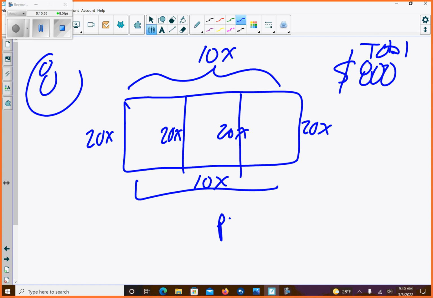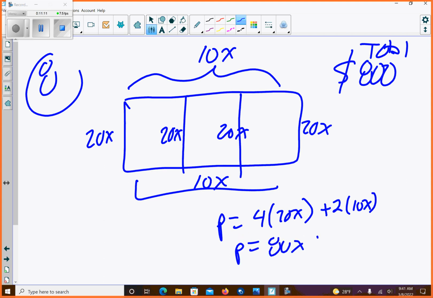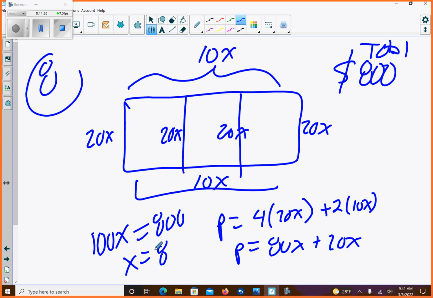So right now I know that my perimeter would be 4 times 20x, and my outside dimensions be 2 times 10x because I have top and bottom. So that's going to give me 80x plus 20x. And I have a maximum of, so that's going to give me 100x equals the 800. So x is equal to 8.